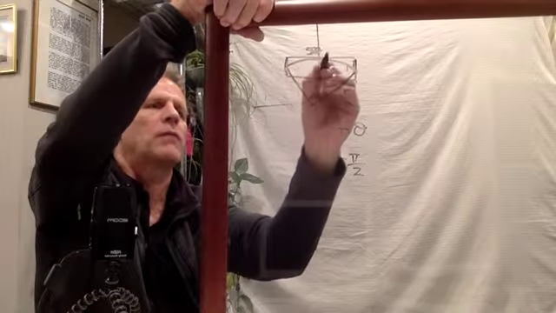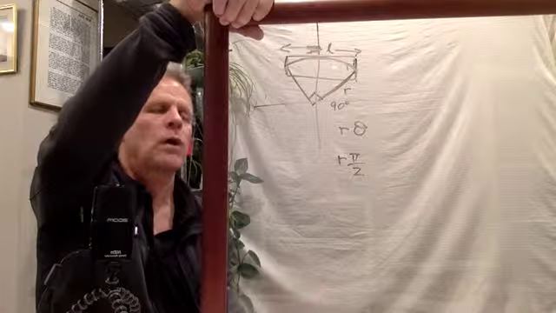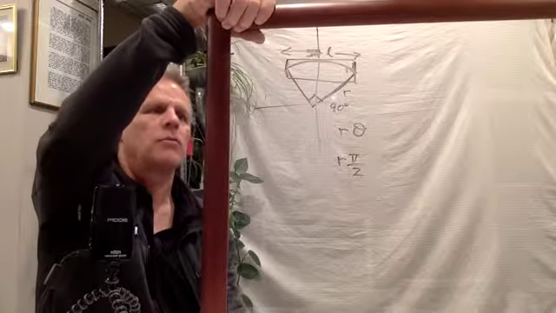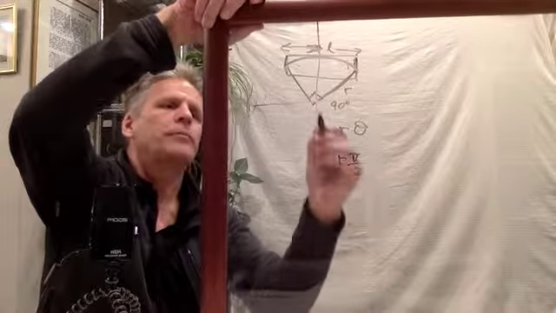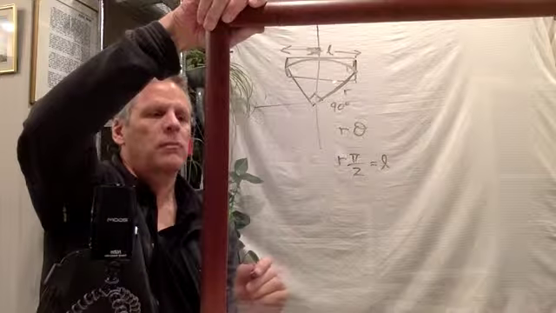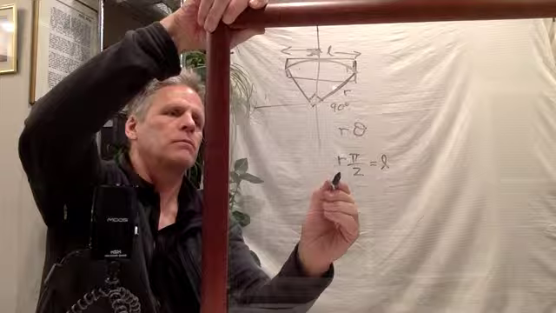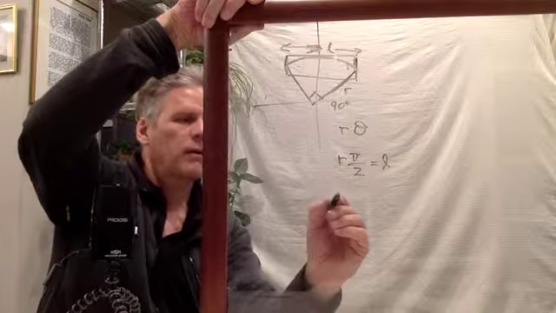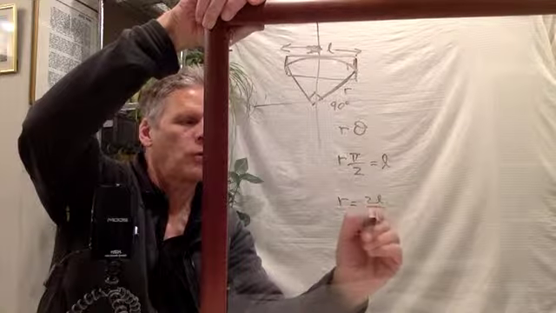If you did something more complicated than that, congratulations. So I'm going to say this equals our L, our magnet length. So now, what is this R? This R is 2L over pi.